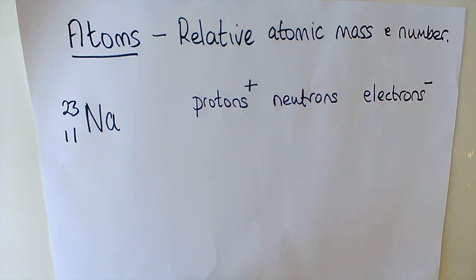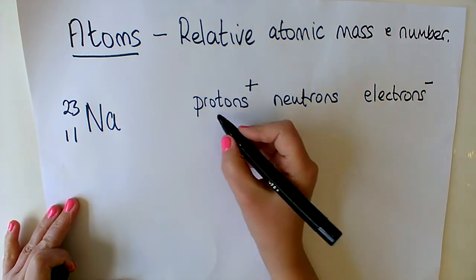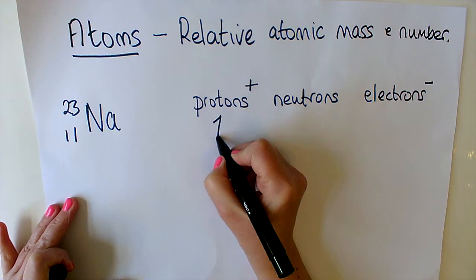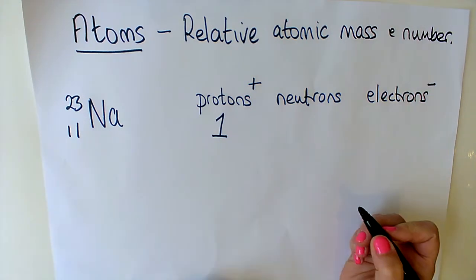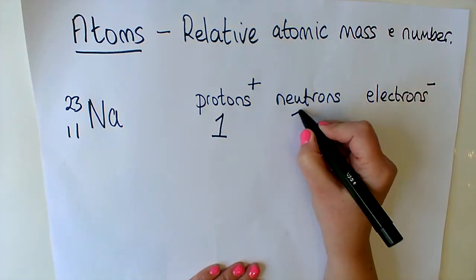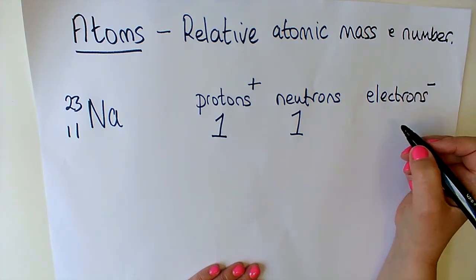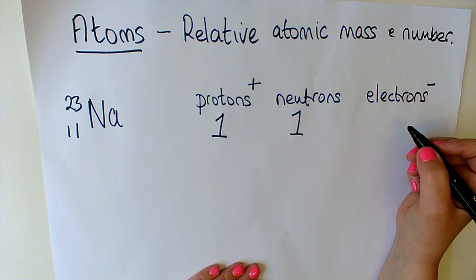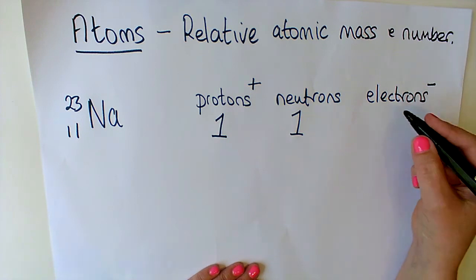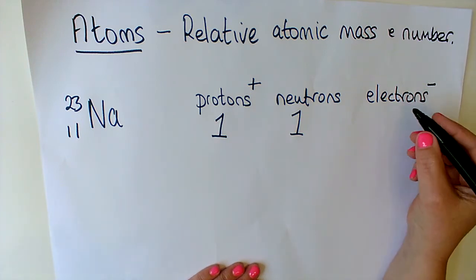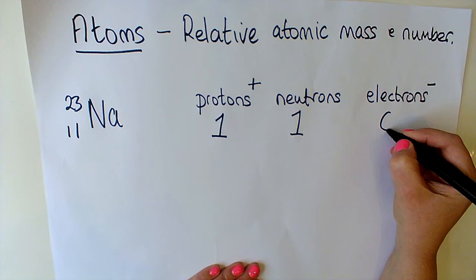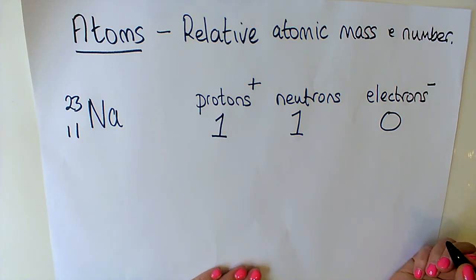A proton has what is called a relative atomic mass of 1. Neutrons have a relative atomic mass of 1 as well. And electrons have mass, but it is so tiny we can practically forget about it. So we think of the mass of electrons as 0.